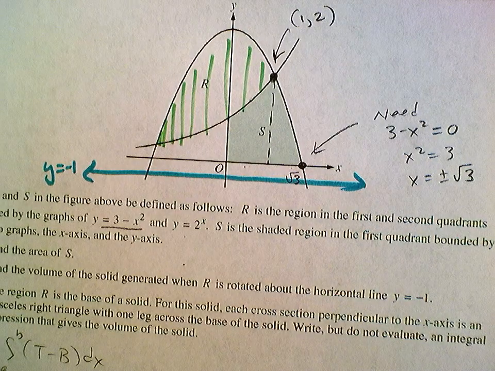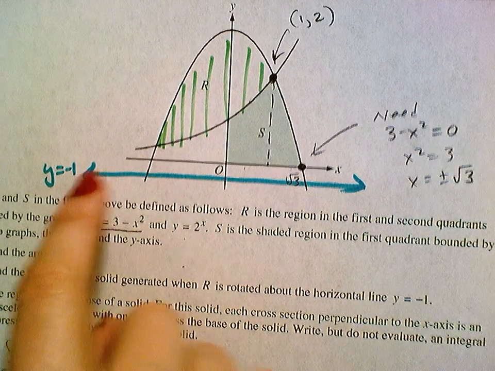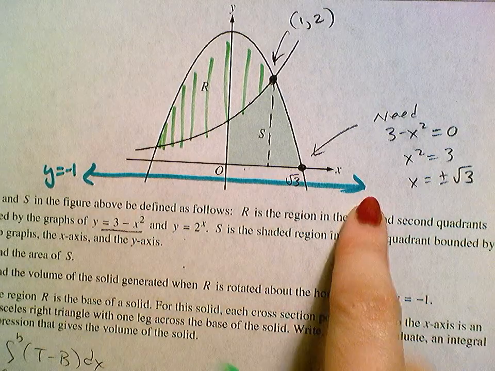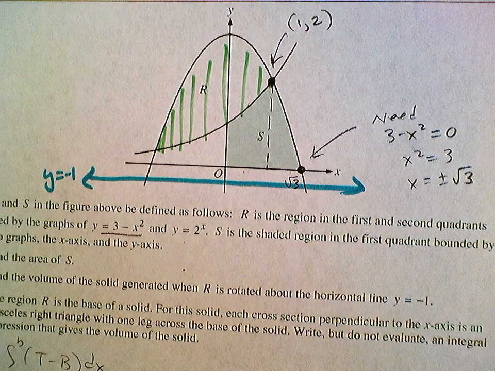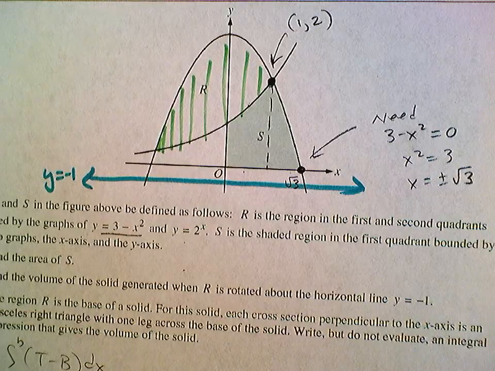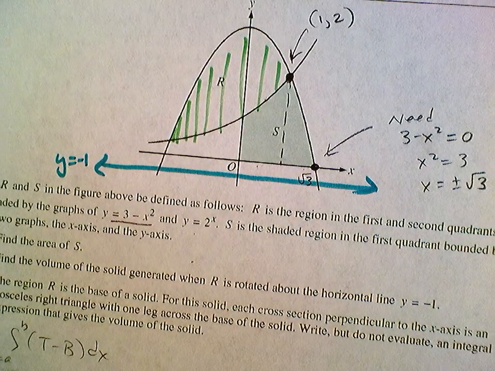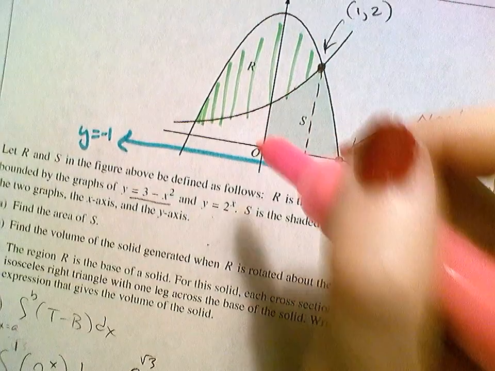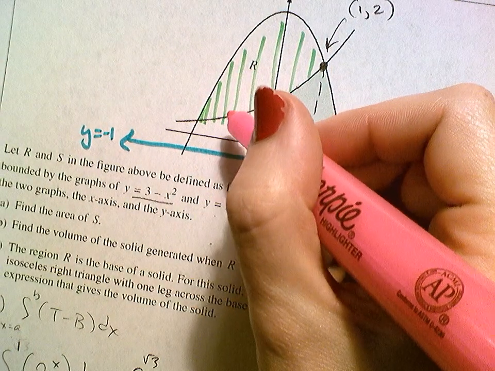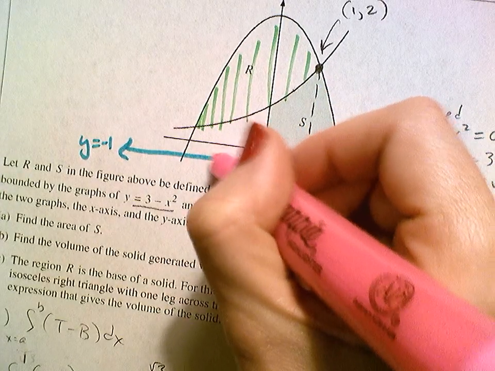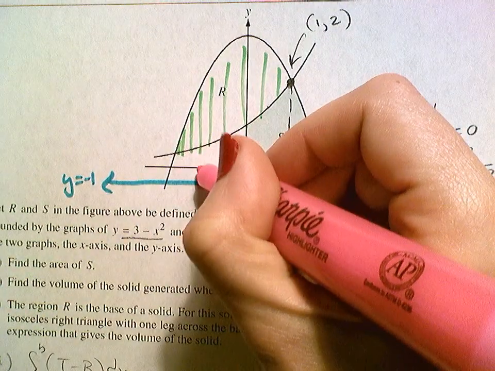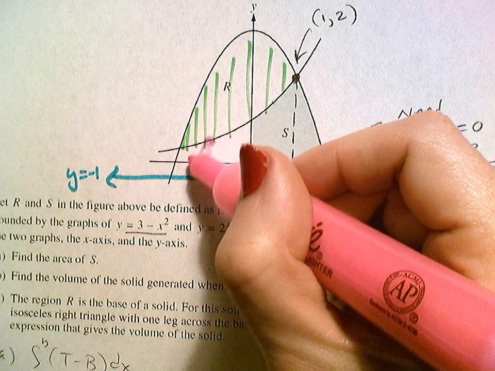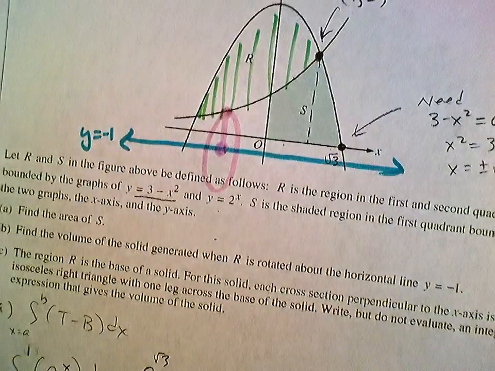Since we're rotating around a horizontal line like the x-axis, everything's fine in terms of x. What I need to do now is try to visualize it. So this is the center of the rotation, and then this is where we hit the region. So this radius is going to be for all of that empty space.